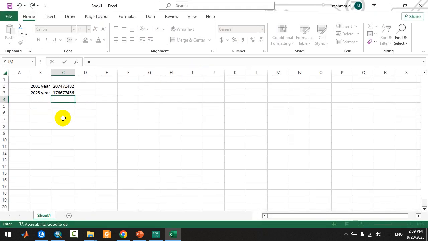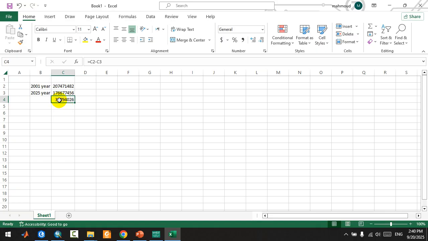Okay, we calculate the difference over the 24 years. Okay, this pixel is negative in 2025. And 30 million carbon difference, carbon storage and carbon emitted, a decrease and an increase in the atmosphere.